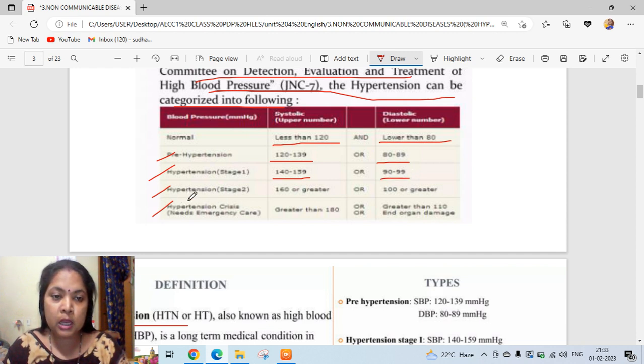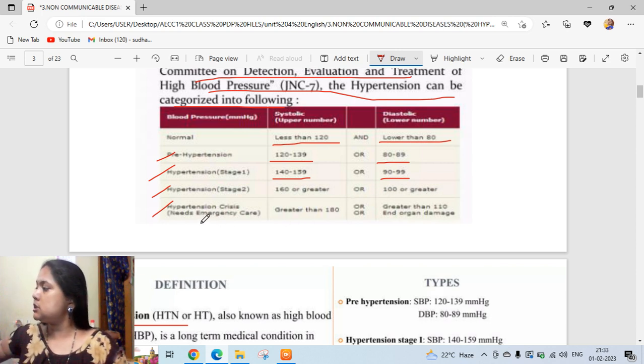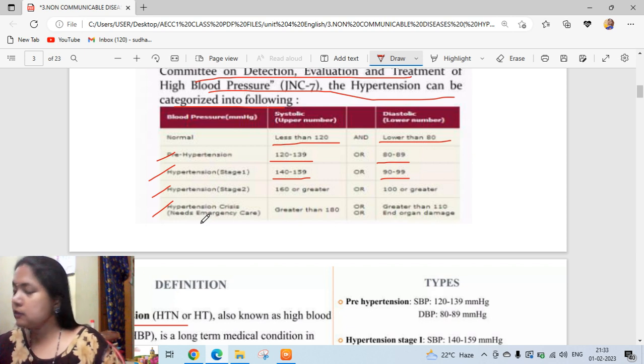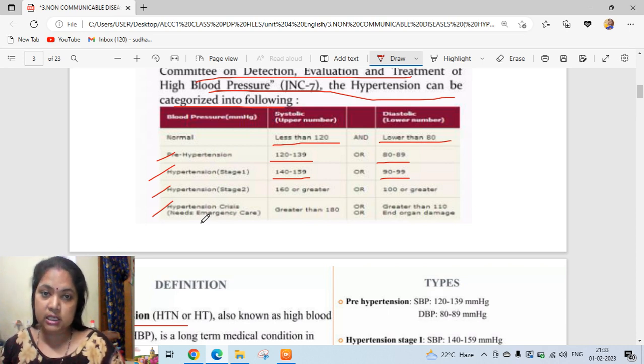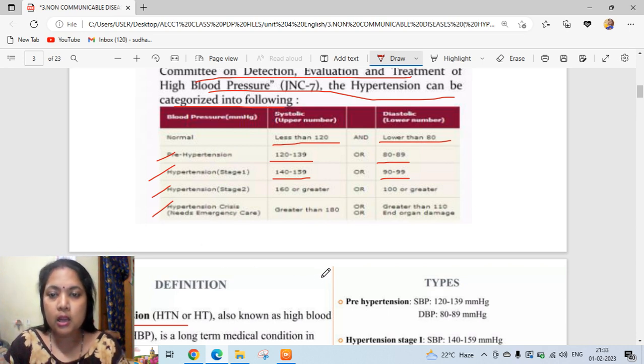In hypertension stage 2, the upper number is 160 or greater or the lower number is 100 or greater. Then hypertension crisis: the upper number is greater than 180 and the lower is greater than 110.